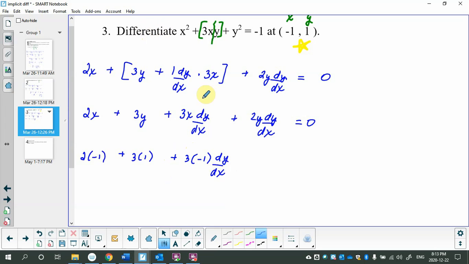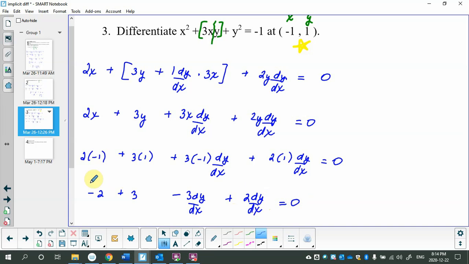That's what differentiate means. Plus, there's another y, another 1, dy by dx. So that's negative 2 plus 3 minus 3 dy by dx plus 2 dy by dx equals 0.